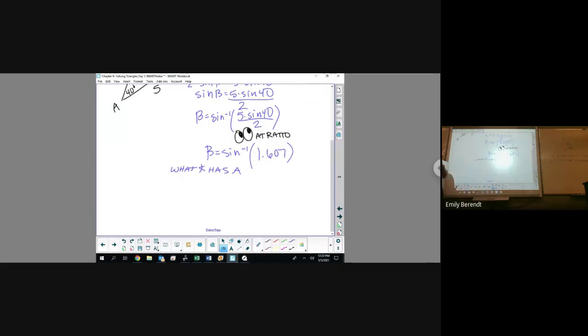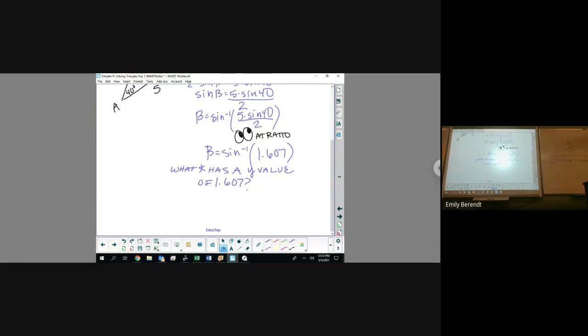Where do we get y? Sine. What angle has a y value of 1.607? So what is that in reference to? What angle on the unit circle has a y value of 1.607?